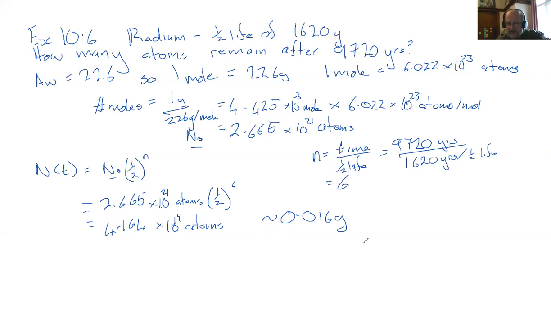And I mean, probably the most famous of the whole lot is carbon dating, but we have other cycles we can use. So one of the ideas of radioactive clocks is if you take a sample, so I'm just going to clear this. So remember 4.164 times 10 to the 19 atoms, which is a lot.